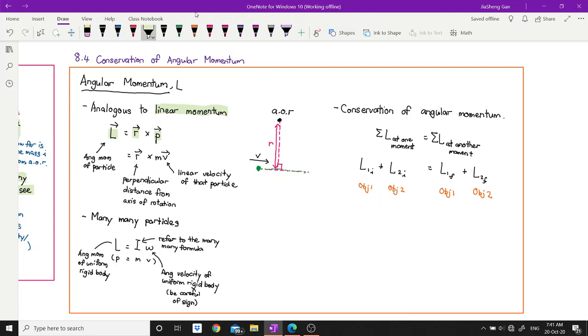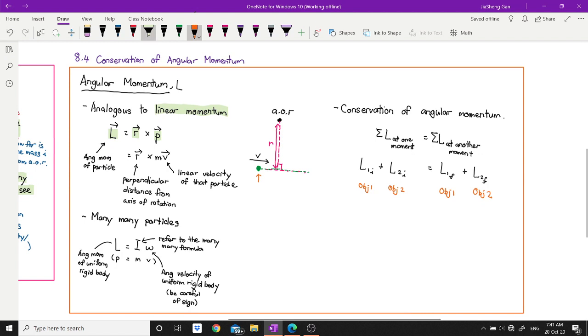So what do all these symbols mean? L is the angular momentum of the particle. If you cannot think of any particle, I've drawn one here. The green thing is a particle. Then R is the perpendicular distance of the particle from the axis of rotation.